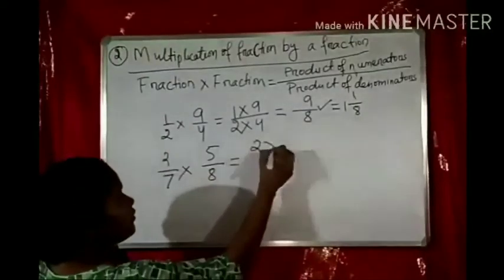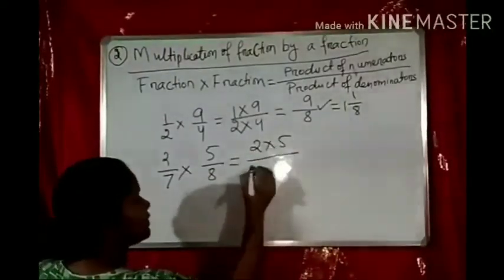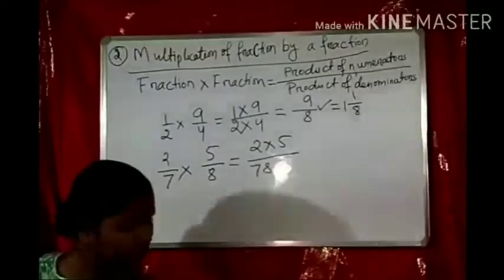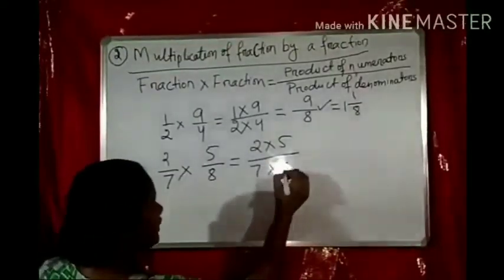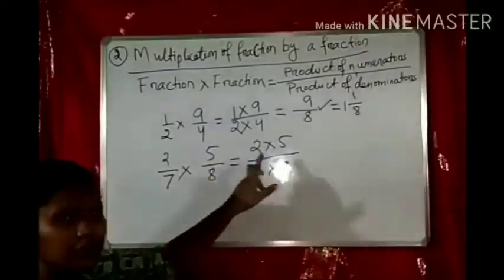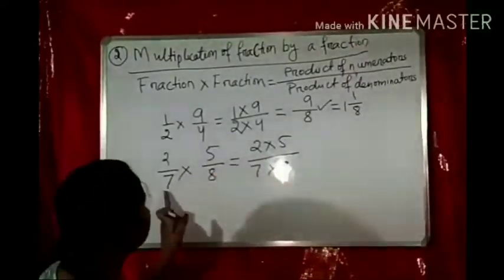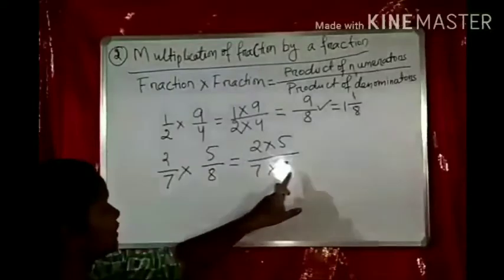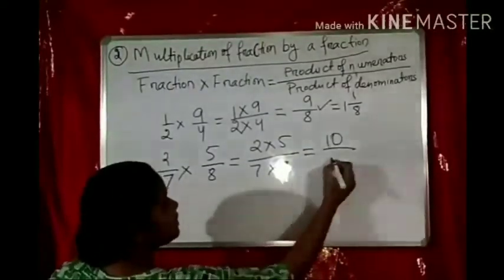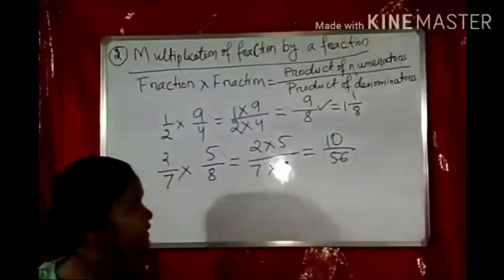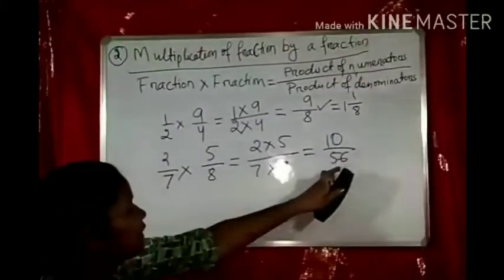2 into 5 by 7 into 8. So numerator into numerator, 2 into 5, denominator into denominator, 7 into 8. 2 5s are 10, 7 8s are 56. So the answer is 10 by 56.